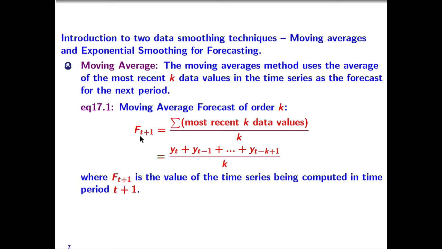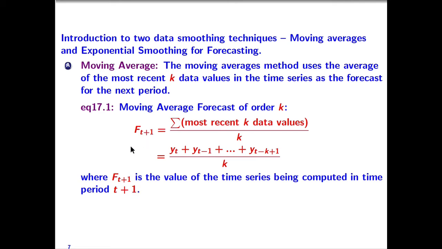F sub t plus 1 is equal to the sum of the most recent k data values over k, which is equal to yt plus yt minus 1 plus all the way to yt minus k plus 1 for the numerator and k for the denominator, where F sub t plus 1 is the value of the time series being computed in time period t plus 1.